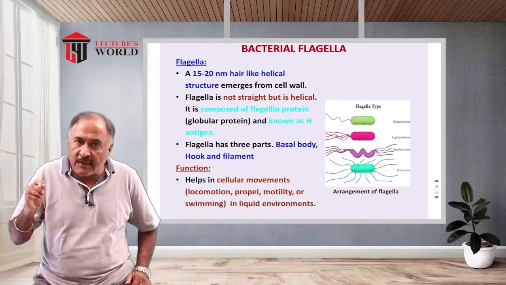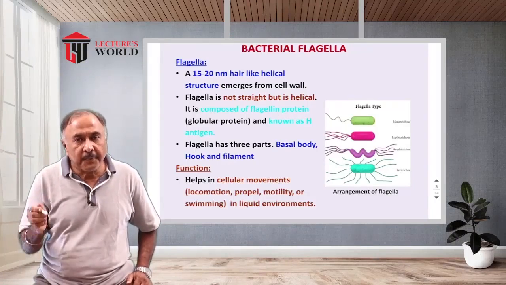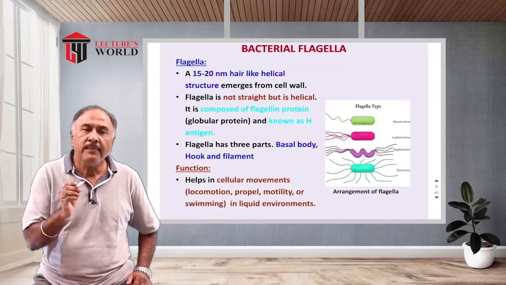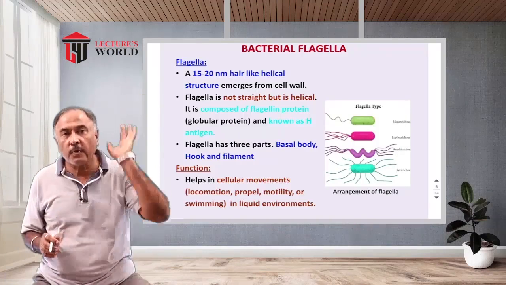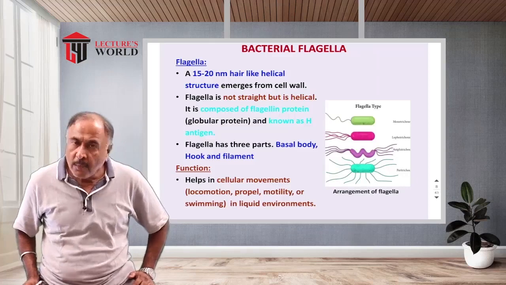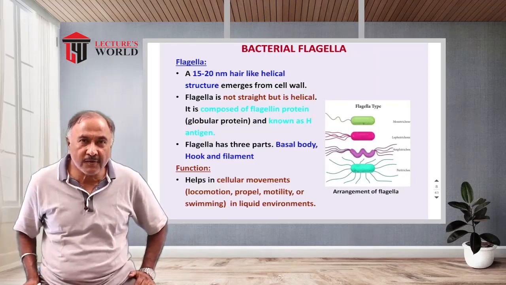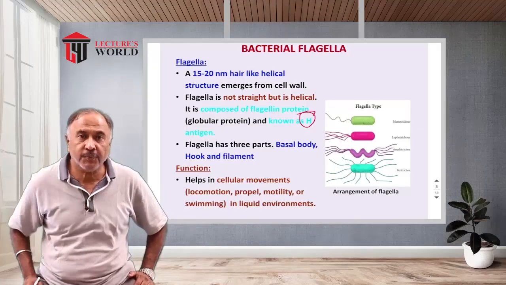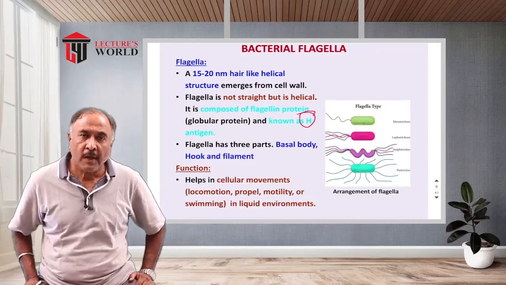It is synthesized in the cytoplasm, but then this structure is transported across the membrane and then into the cell wall, where it is accumulated and keeps on growing. So this flagellar protein is also known as H, capital H, H protein. H stands for Hauch.